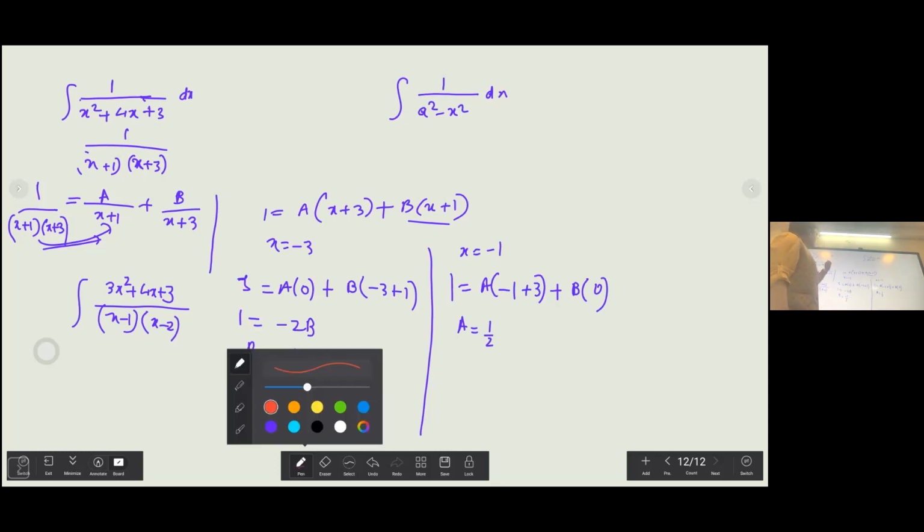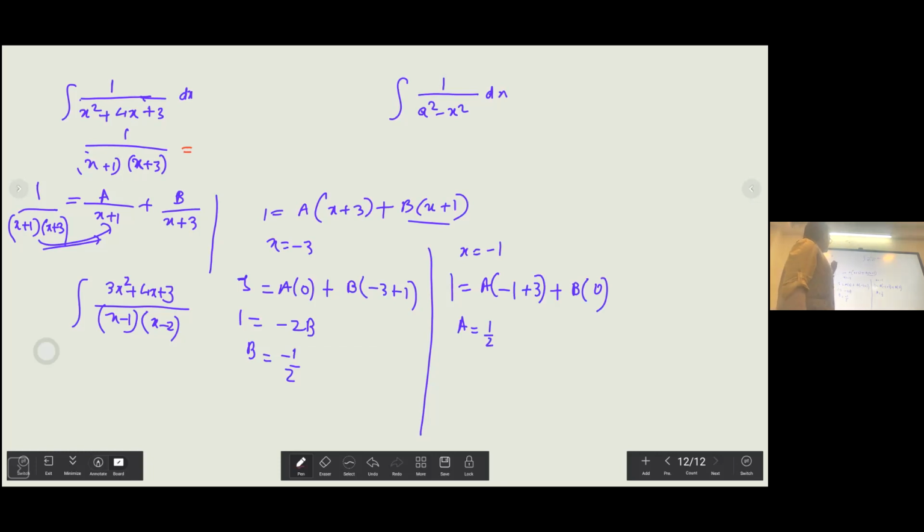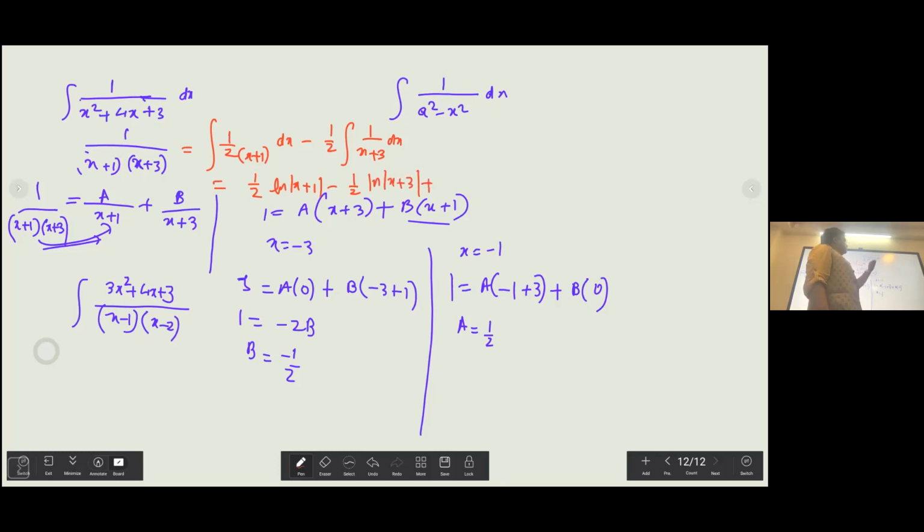A is 1 upon 2, so integration of 1 upon 2(x plus 1), and B is negative half, so let's say I separate them, 1 upon (x plus 3). This becomes 1 upon 2 ln|x plus 1| minus 1 upon 2 ln|x plus 3| plus C. So that's your basic integration using partial fractions.